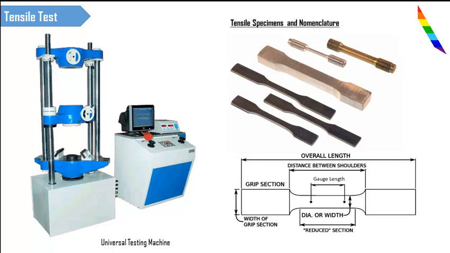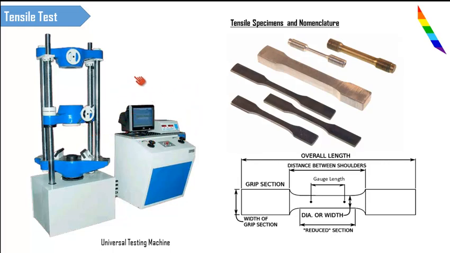What the computer does here is gather the information about the deformation happening on the specimen kept between these two chucks, and after interpreting the data it plots a stress-strain curve. There are analog or manual types of tensile machines available, in which the readings or load values are obtained on a dial.